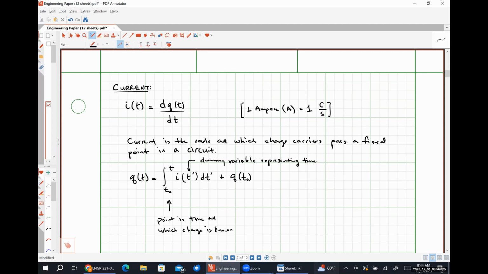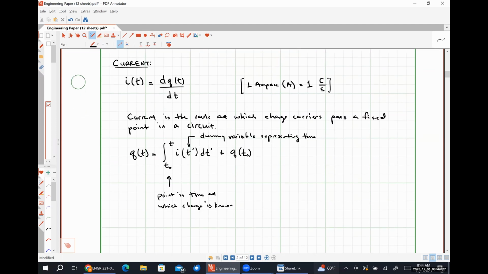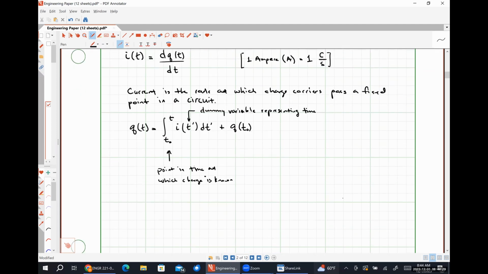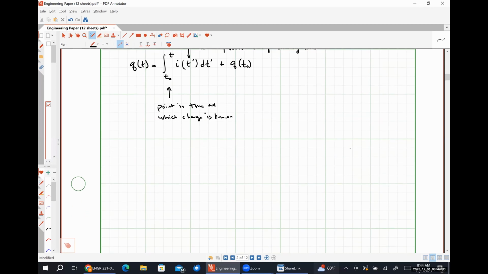All right, so let's put this equation into practice because it's kind of annoying to figure out what exactly is going on here. So let's say that I have a current waveform that looks like this. So this is going to be I of t measured in, let's make this annoying and call it milliamps.